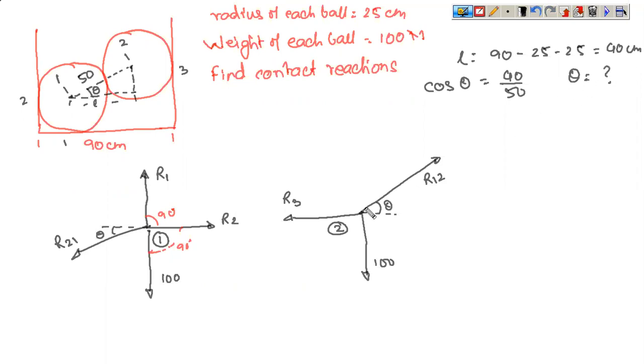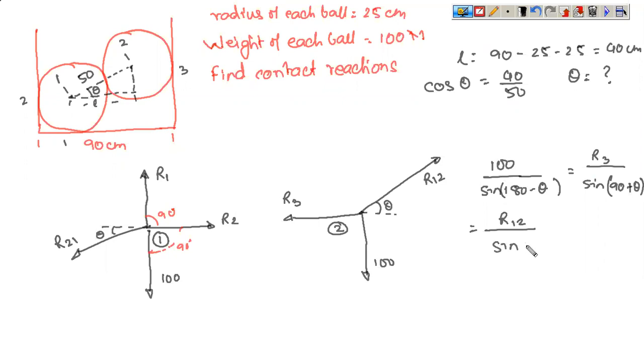So once theta is known to you, you can form this equation. So what will be the equation here? It will be 100 by sine (180 minus theta) is equal to R3 divided by sine (90 plus theta), and this is equal to R12 divided by sine 90.